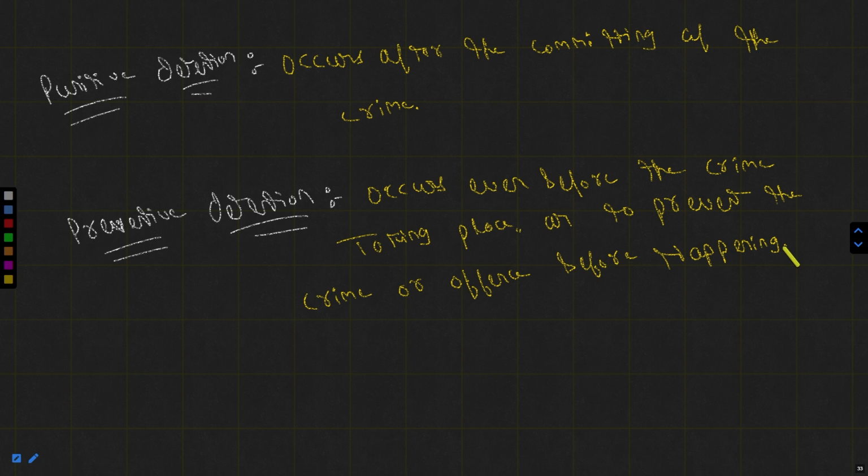So the disqualification for imprisonment for 2 or more years is only applicable in the case of punitive detention. It is not applicable in the case of preventive detention. Why?